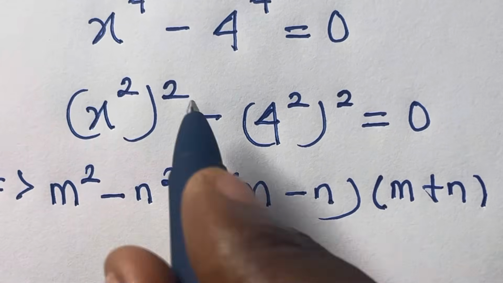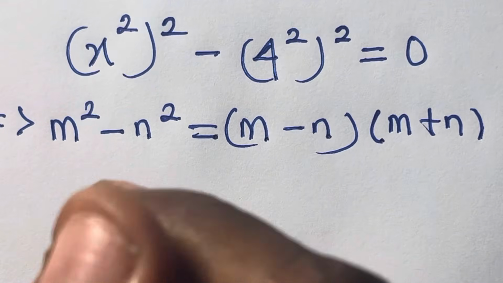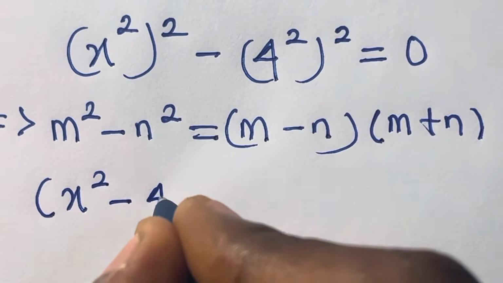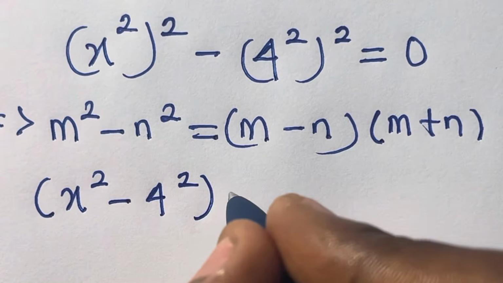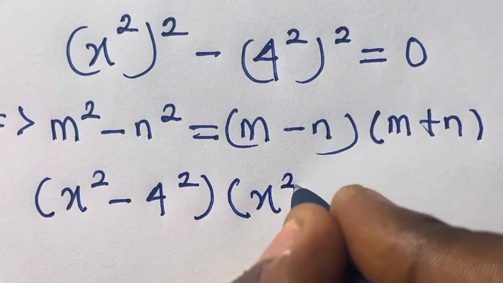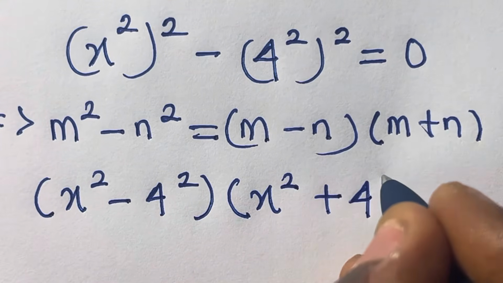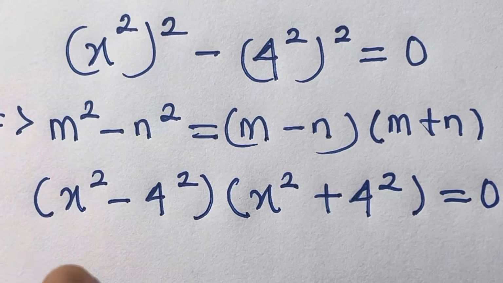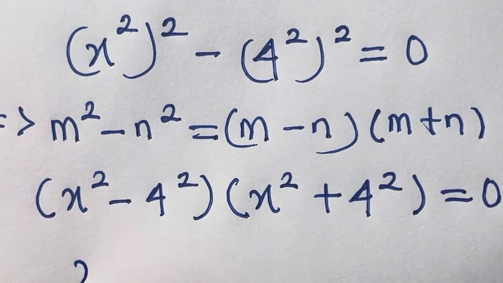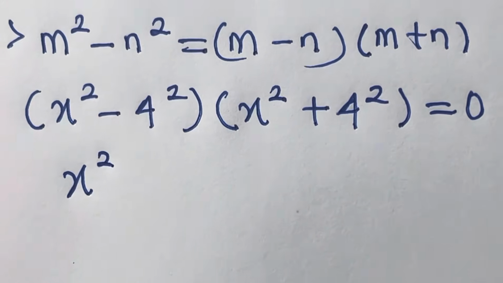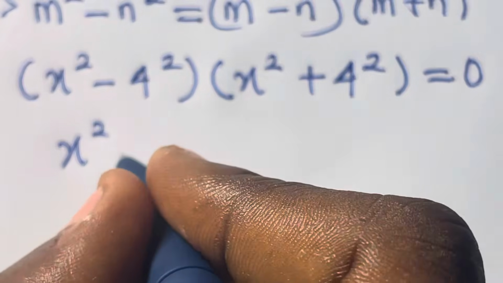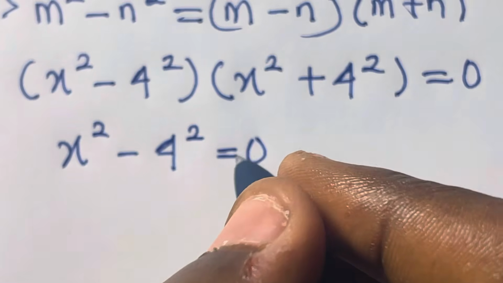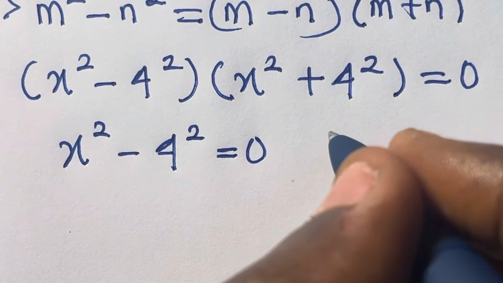If you apply this, we will have x squared minus 4 squared multiplied by x squared plus 4 squared equals 0. So now we will have x squared minus 4 squared equals 0. That's the first expression we will have.